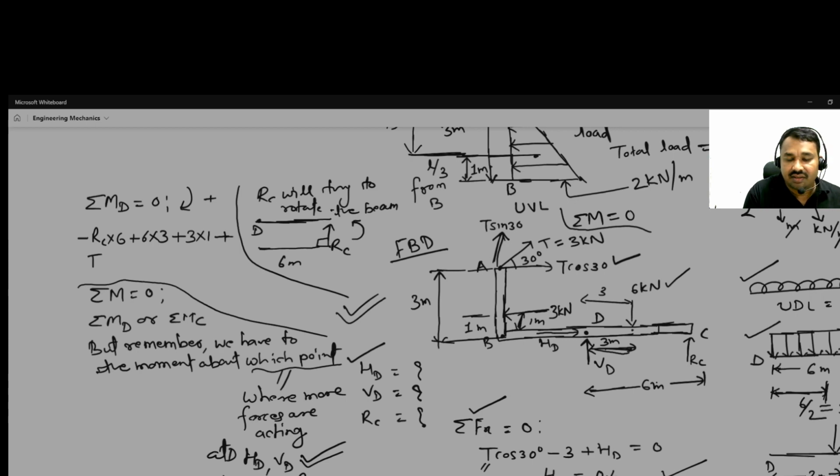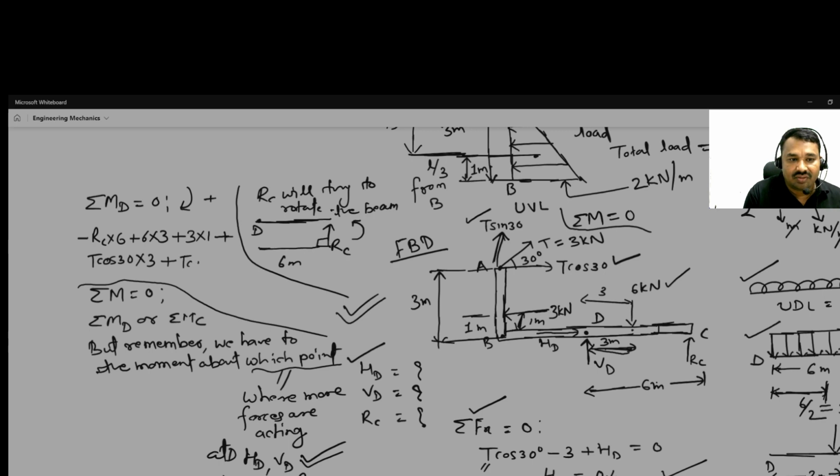So clockwise T cos 30, and what about the distance? This is 3 meter, from B to A distance. What about the vertical component? It will also try to rotate the beam clockwise.